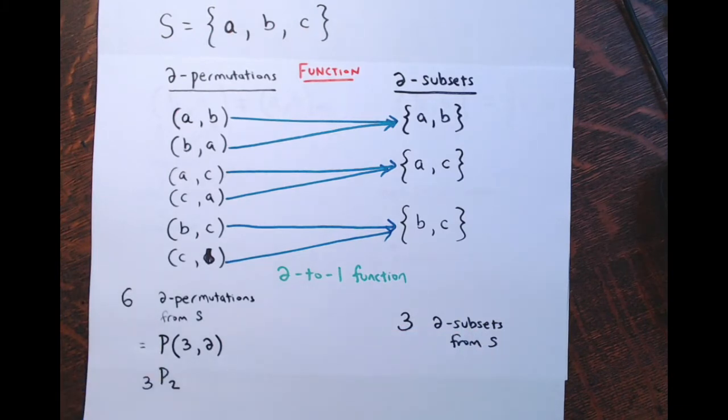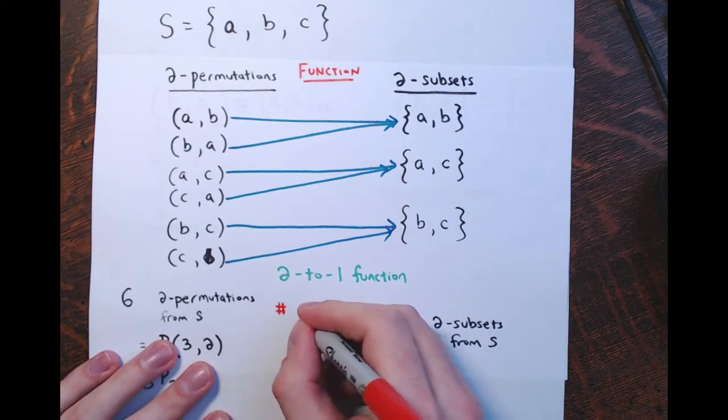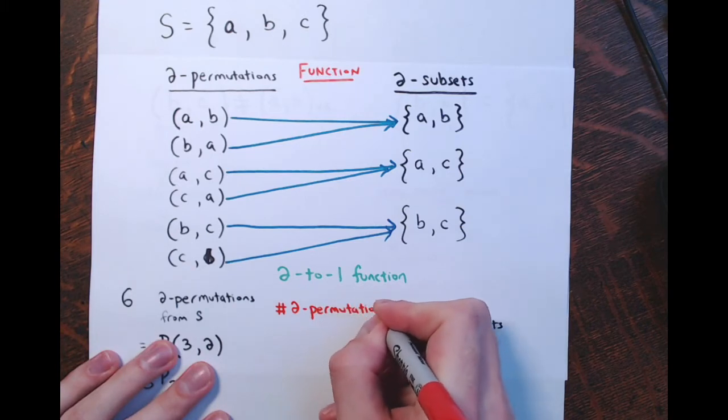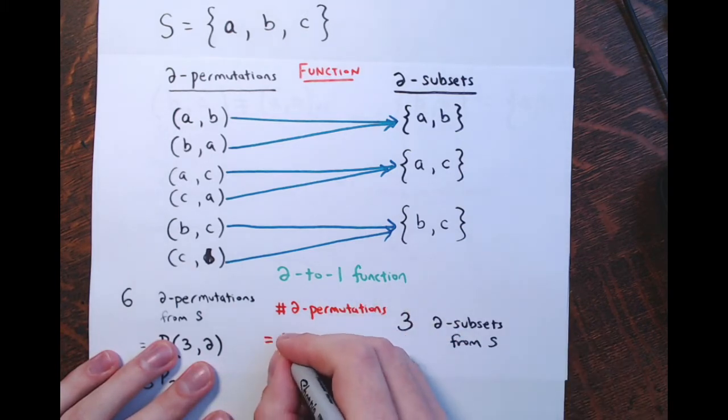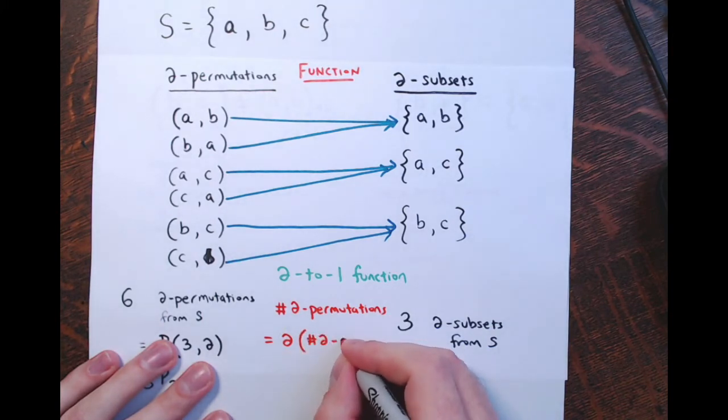So that means that the number of two permutations is equal to 2 times the number of two subsets.